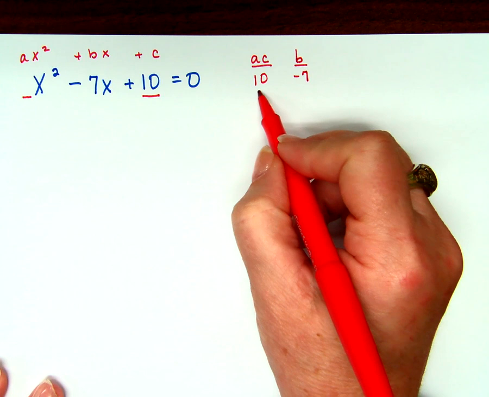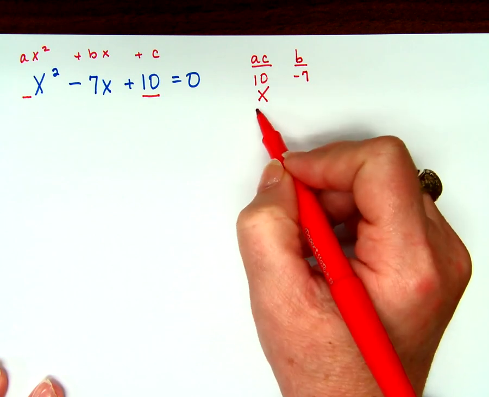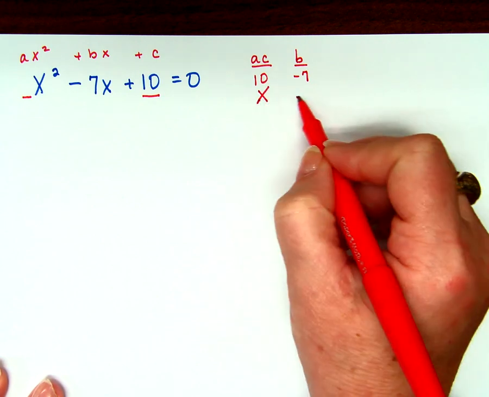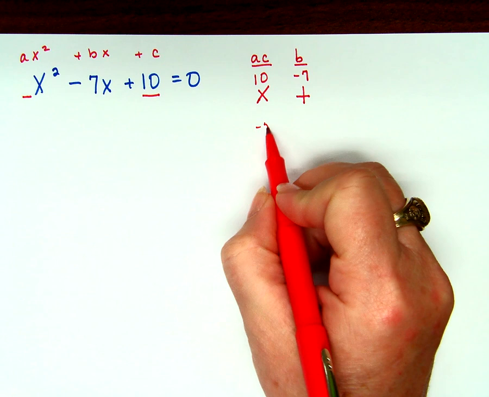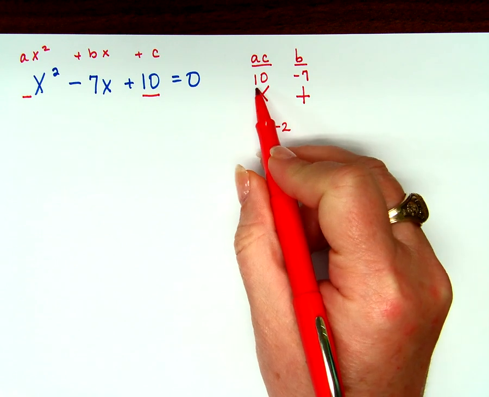And we said, what two numbers multiply to be AC, but add to be B? So what two numbers multiply to be 10, but add to be negative 7? What do you think? Negative 5 and negative 2, right? Negative 5 times negative 2 is 10.